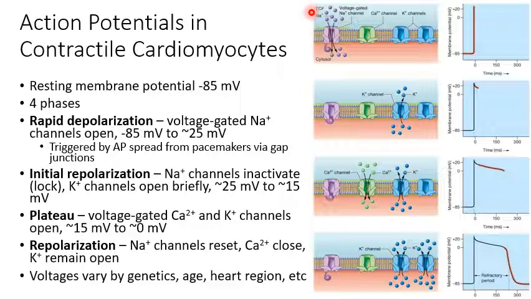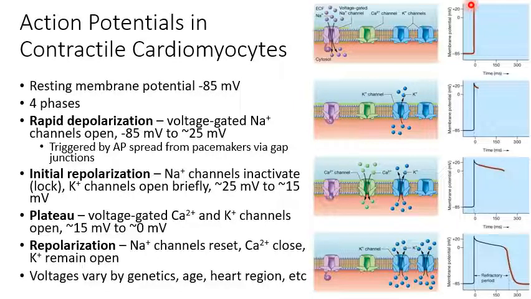Some of the sodium that has entered the pacemaker cardiomyocyte is going to spread into the contractile cardiomyocyte through the gap junctions, causing an initial depolarization that triggers this voltage-gated sodium channel to open, and then more sodium will rush into the cell. Since the sodium is moving so quickly into the cell and there's such a large amount of it, your membrane potential is going to jump up very, very steeply from the resting potential of -85 to about 25 millivolts.